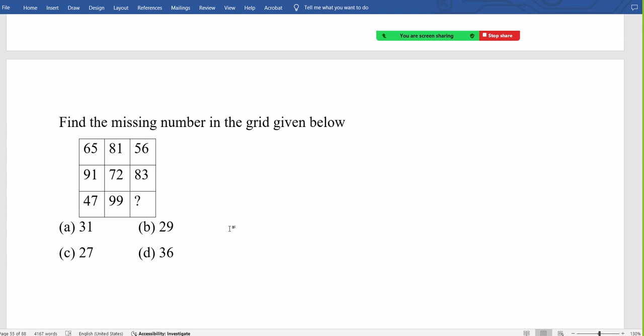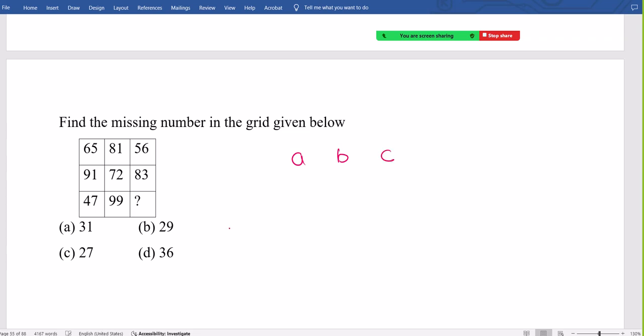Look into this question. What's the answer?